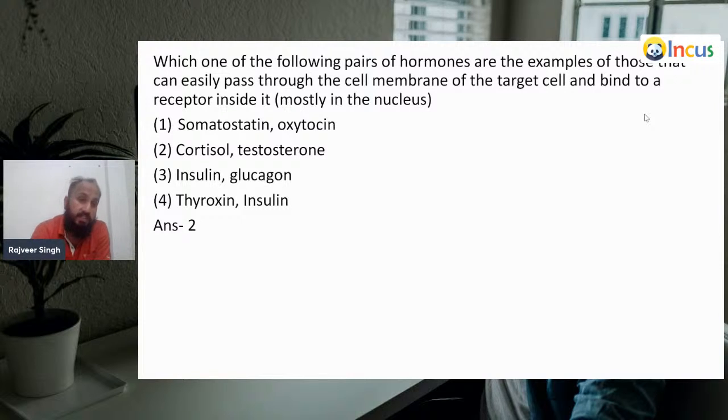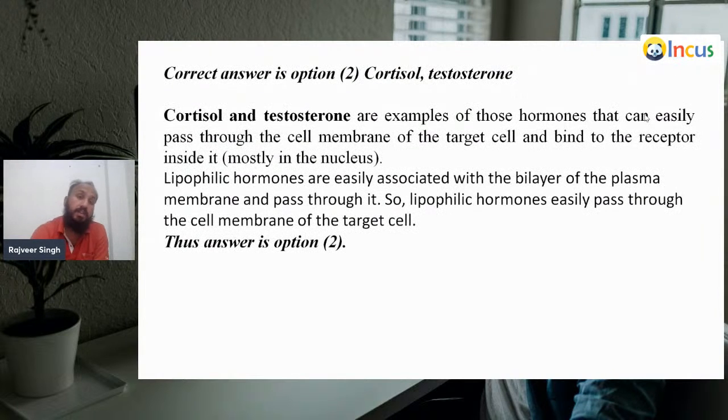Somatostatin, oxytocin; cortisol, testosterone; insulin, glucagon; thyroxine, insulin. Answer will be second, cortisol and testosterone, because cortisol and testosterone are examples of hormones that can easily pass through the cell membrane of the target cell and bind to the receptor inside it, mostly in the nucleus.